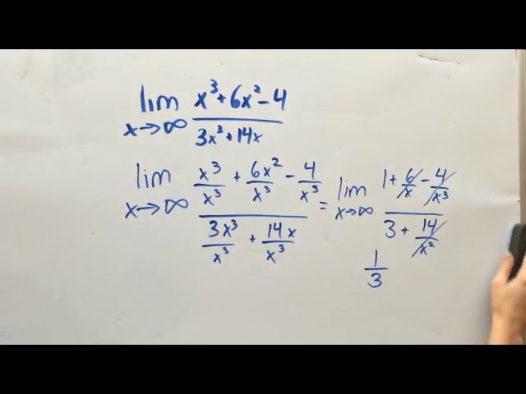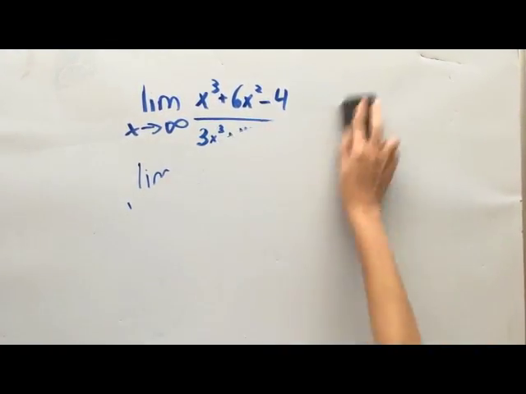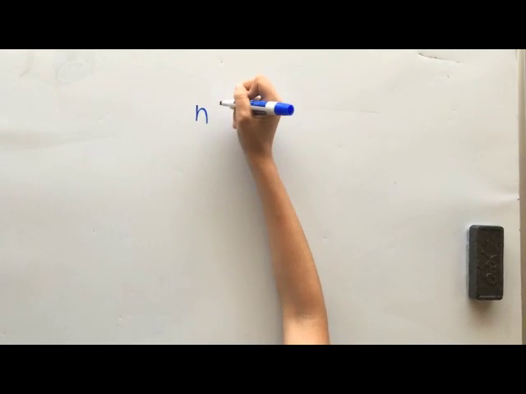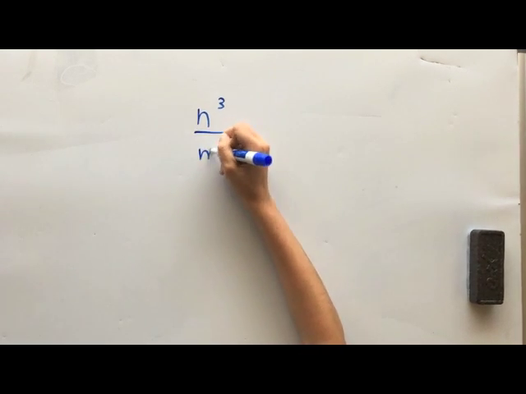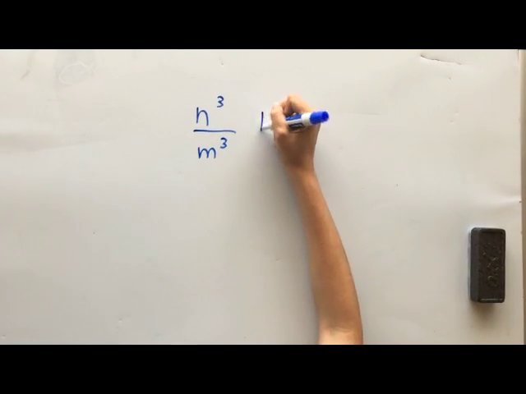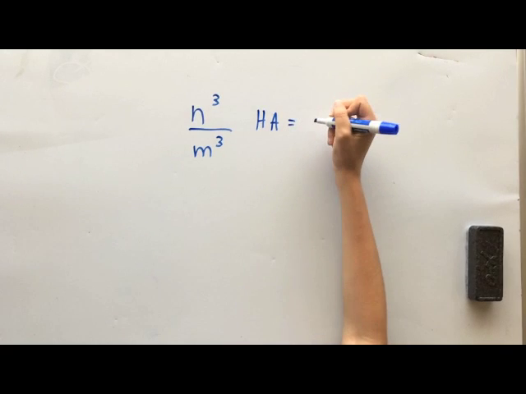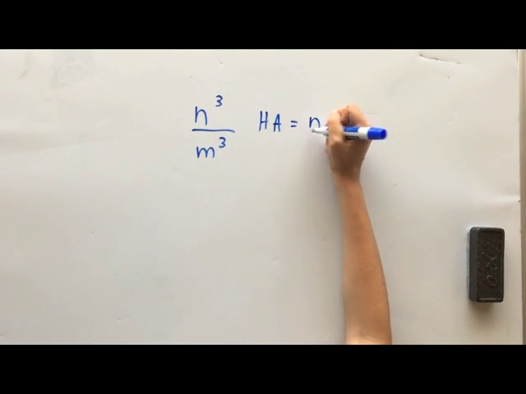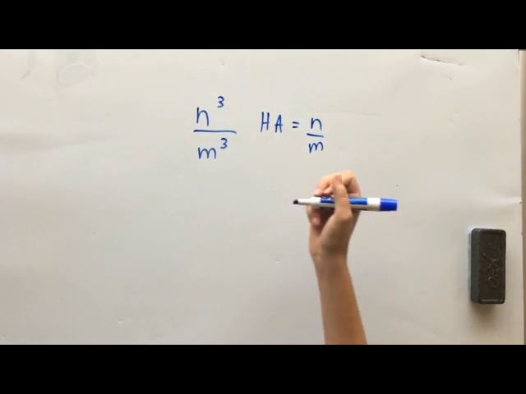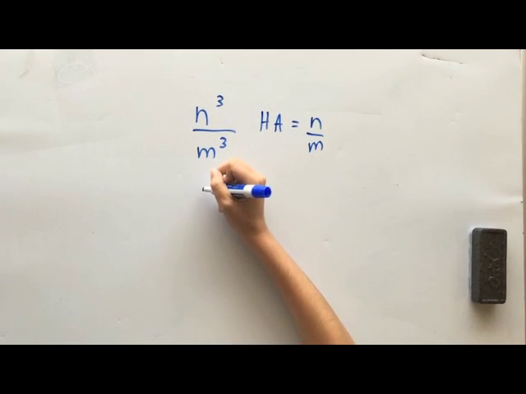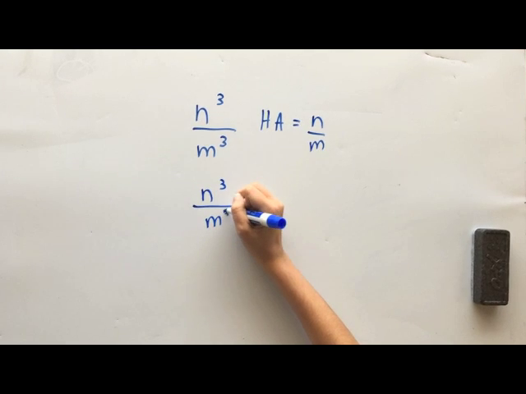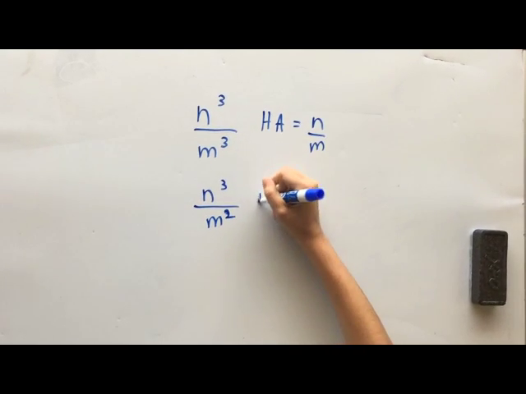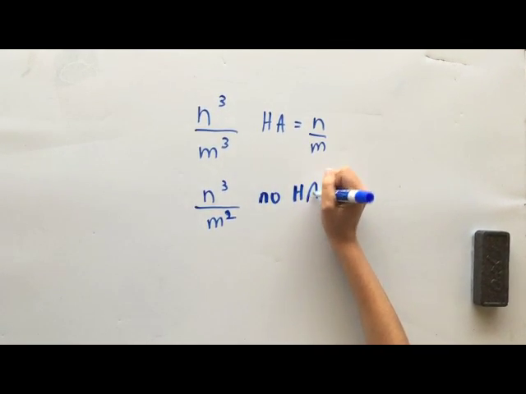Now we can check our answer by using algebra, because we know that when the degree of the numerator is equal to that of the denominator, the horizontal asymptote equals the ratio of the leading coefficients. And if the degree of the numerator is greater than the degree of the denominator, there are no horizontal asymptotes.